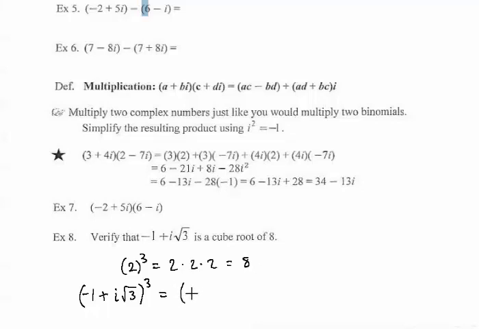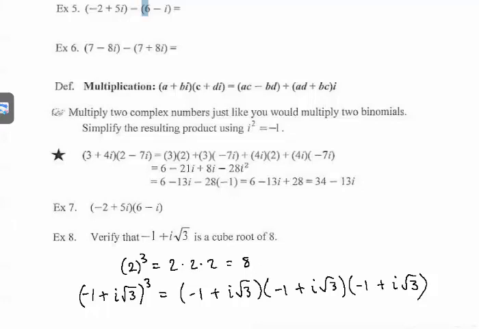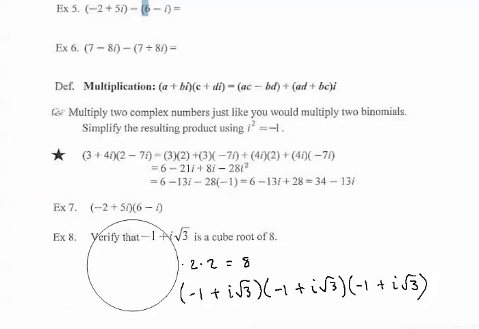So we'll write this out, and it's a cube, so we have to write it 3 times. And now we're going to go about multiplying these together. Alright, so we'll take 2 at a time, and I'm probably going to run out of room here, so I'm going to have to erase some of this.